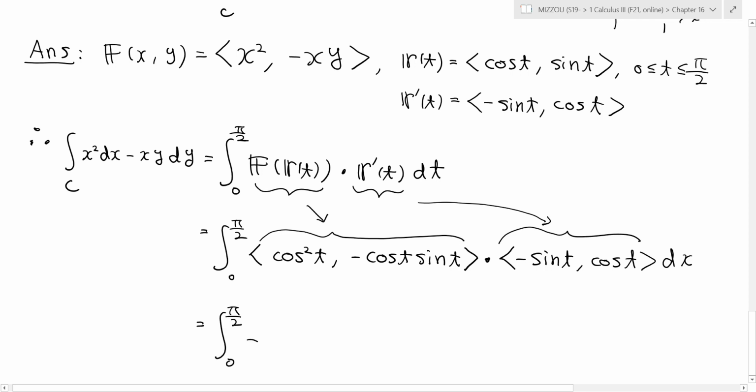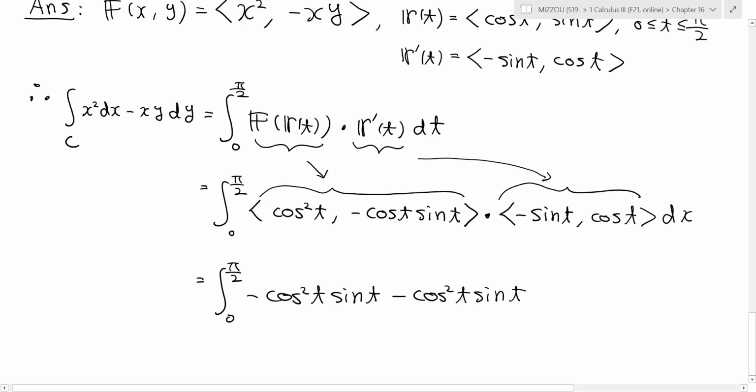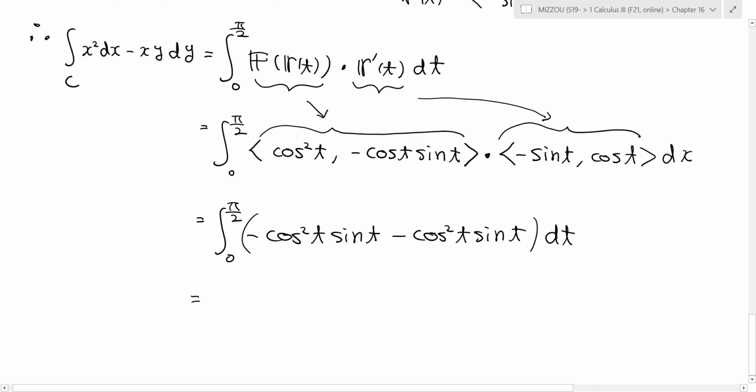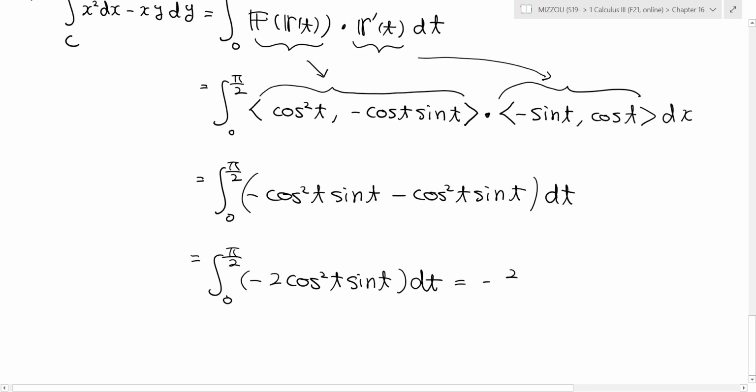And what you get is negative cosine squared t sine t, negative cosine squared t sine t, dt. And that is equal to the integral from 0 to pi over 2 of negative 2 cosine squared t sine t dt. And then if you work this out, you are supposed to get negative 2/3.